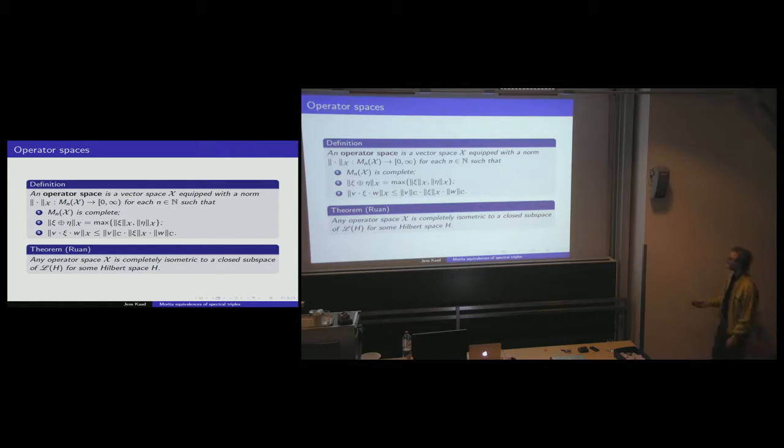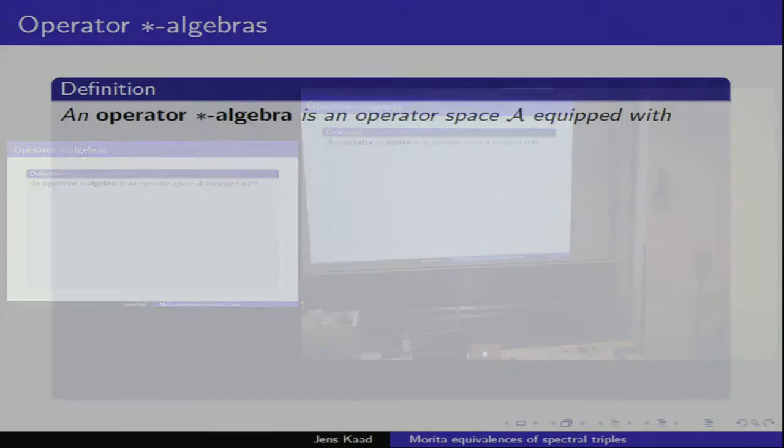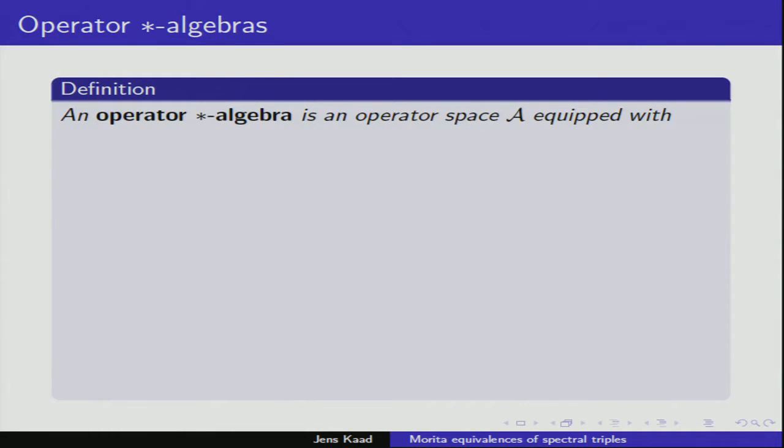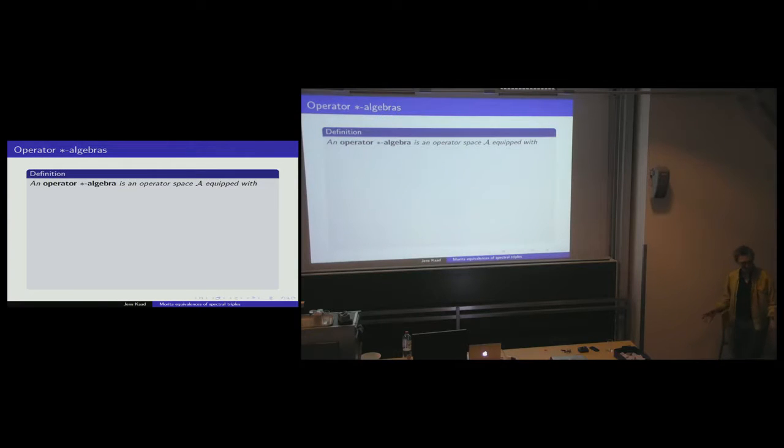Yeah. So now we can define a nice class of algebras that we will work with. Okay, we're going to work with what is called operator star algebras. So an operator star algebra is an operator space. Fine, it was just a closed subspace of bounded operators. But it has this nice abstract characterization.